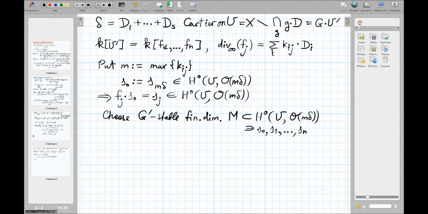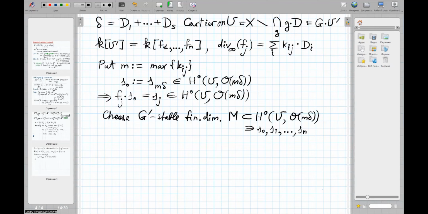So we may take the linear span of these sections. It is a finite dimensional subspace, and then we can extend it to a bigger subspace by the action of G prime. Since it is an algebraic group action, then finite dimensionality will be preserved. So we have such a finite dimensional subspace.